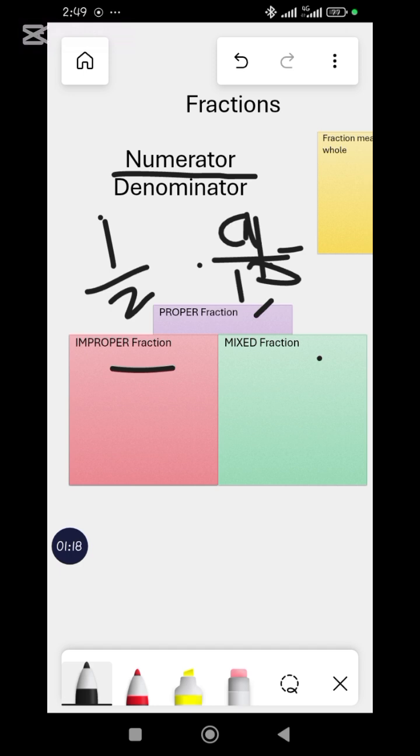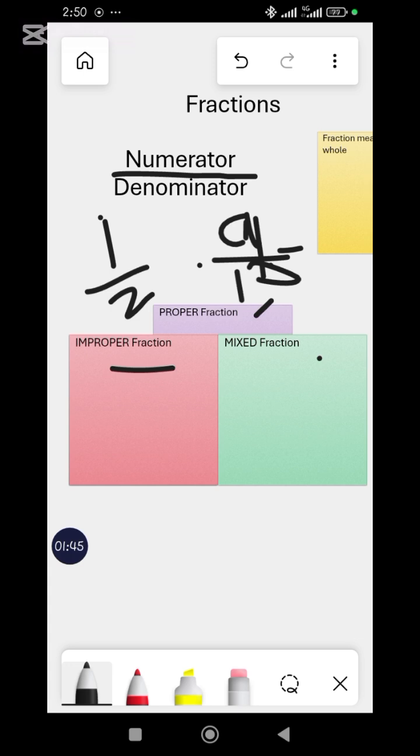So obviously improper is the opposite, so that means the numerator is bigger while the denominator is smaller. So you can form any, like 4/3, 10/9, 12/7, 100/90, and so on and so forth.